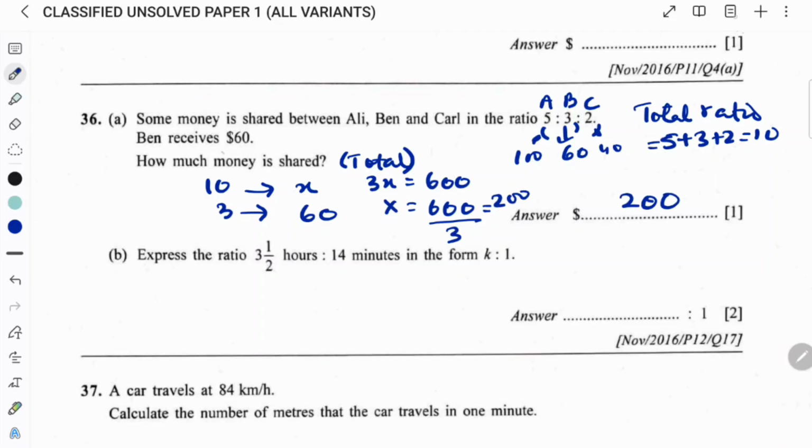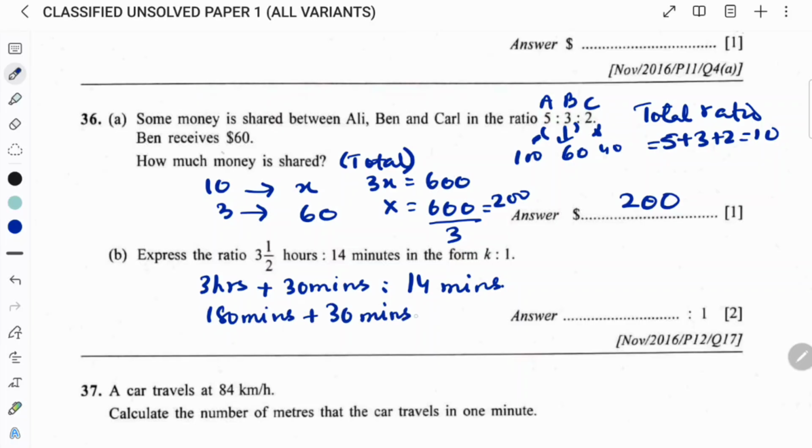Okay, let's do this question also. Express 3.5 hours to 14 minutes in the form k to 1. 3.5 means 3 hours and 30 minutes to 14 minutes. 3 times 60 is 180 minutes plus 30 minutes.